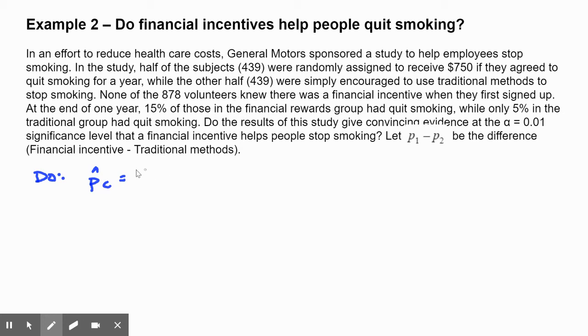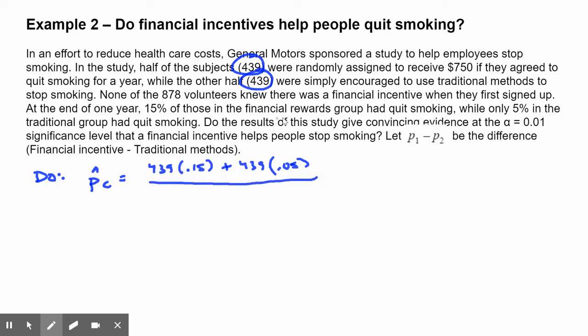So we need to take the 439 from the financial group and multiply it by the percentage that quit, 0.15. Add that to the 439 from the traditional methods group and multiply it by the 5% that decided to quit. This will give us the number of successes for each group. That goes on top.